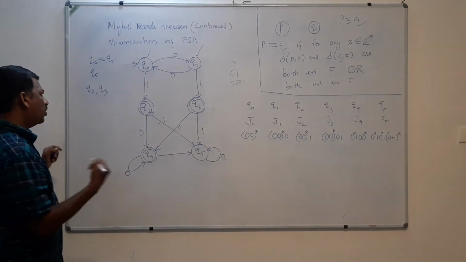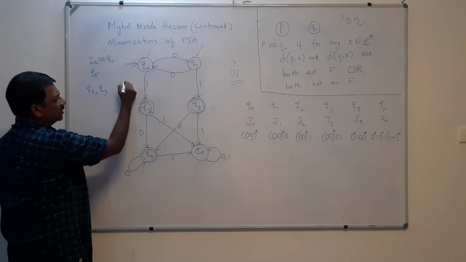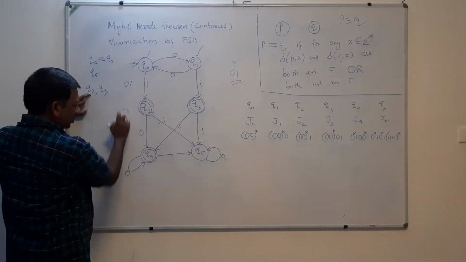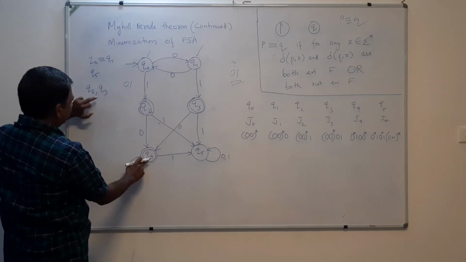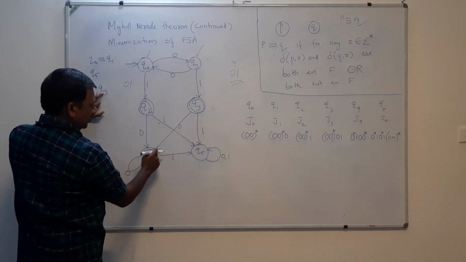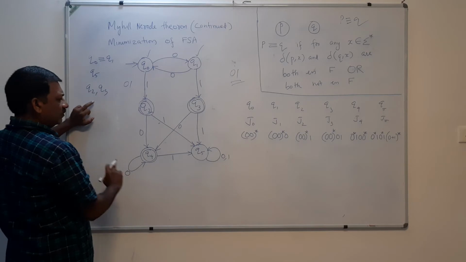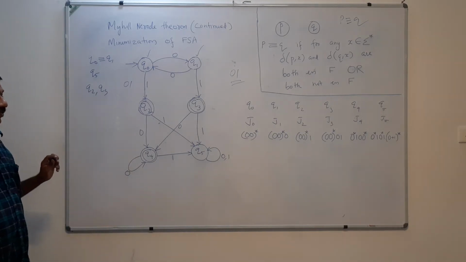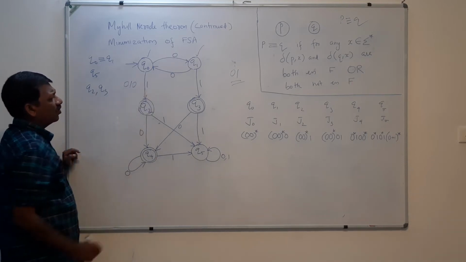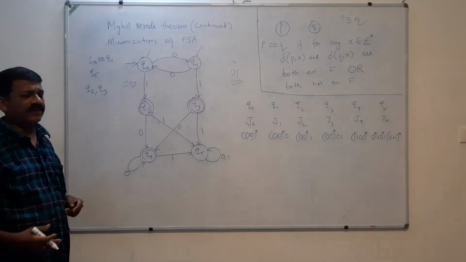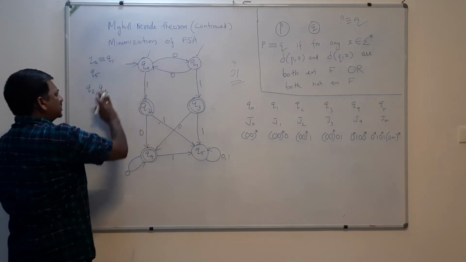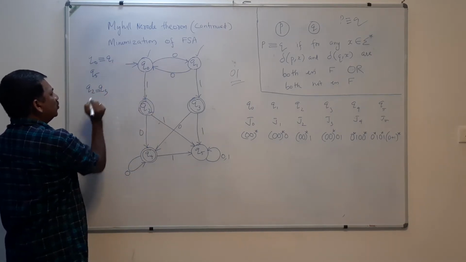Now you have to test with another string, say 0, 1. Q2 on 0, 1 goes to Q4 and then reaches Q5. Q3 on 0, 1 again reaches Q5. That test is also successful because it reaches a non-final state. Now try 0, 1, 0 and different strings, and in this case the test is successful. That means Q2 is equivalent to Q3.